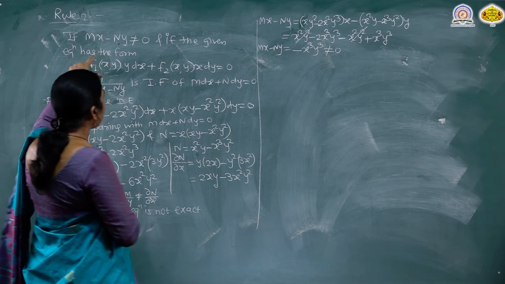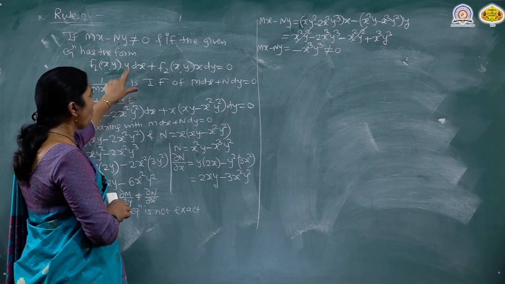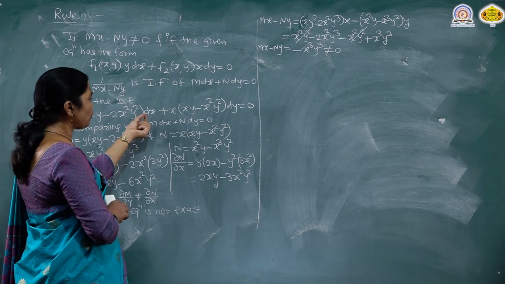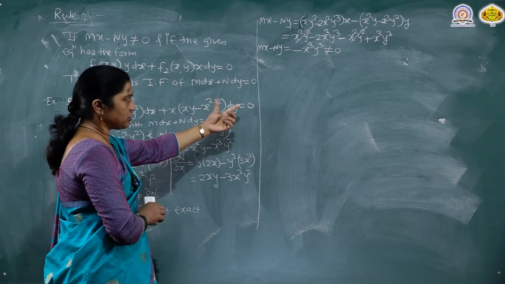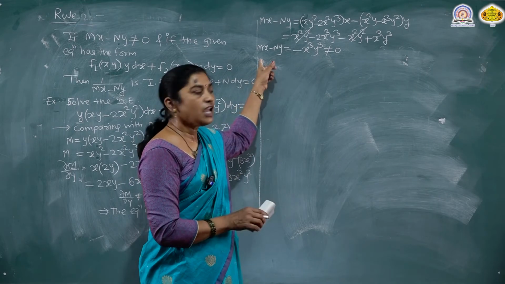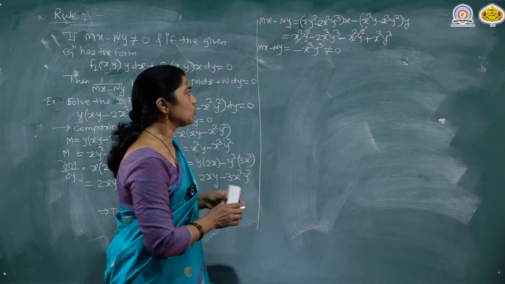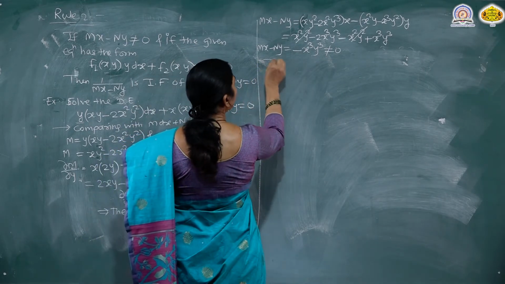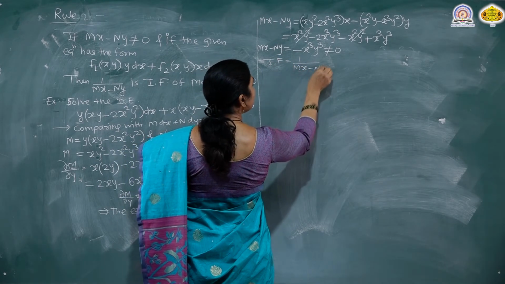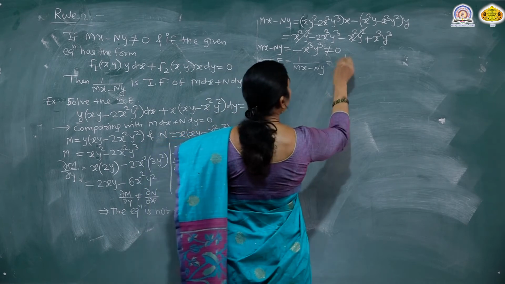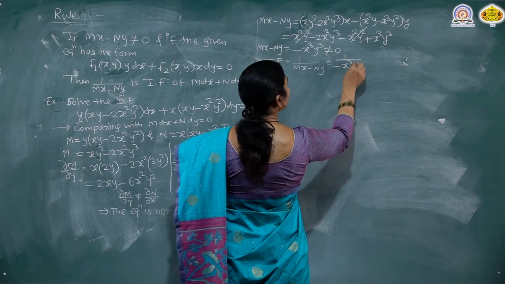Because the equation has this form, y into some function of xy dx plus x into some function of xy dy is 0, and Mx minus Ny is also not equal to 0, this implies that the integrating factor is 1 upon Mx minus Ny, that is 1 upon minus x cube y cube.